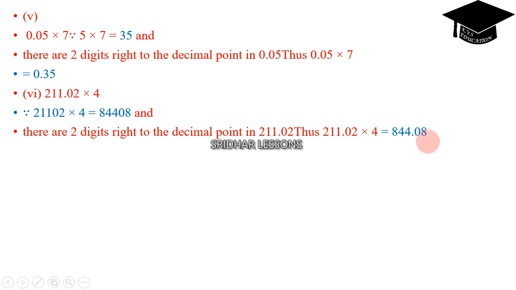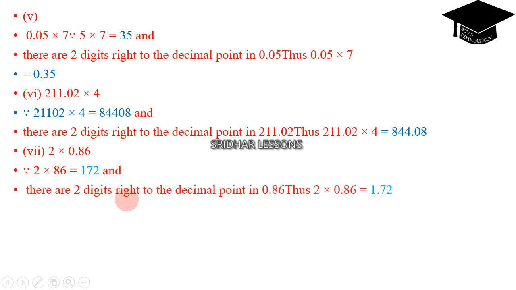Okay, 2 digits right to the decimal point. 2 into 0.86. We know the value of 2 into 86 is equal to 172, and there are 2 digits right to the decimal point in 0.86. So 2 into 0.86 is equal to 1.72 because 2 digits right to the decimal point.